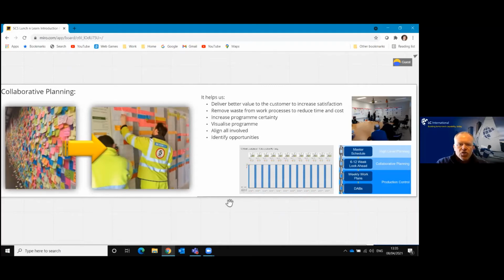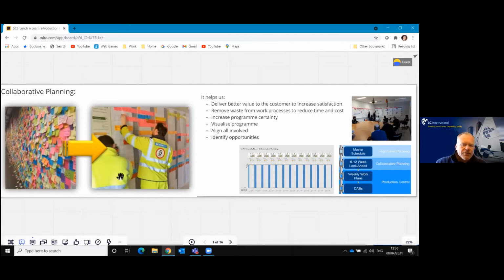These commitments should be identified of, if things do go wrong, how can we work together to overcome that, to remove that problem in future phases of the project or other projects that we're working on. So it's a great opportunity for the collaborative plan to identify opportunities to work together more efficiently in the future.